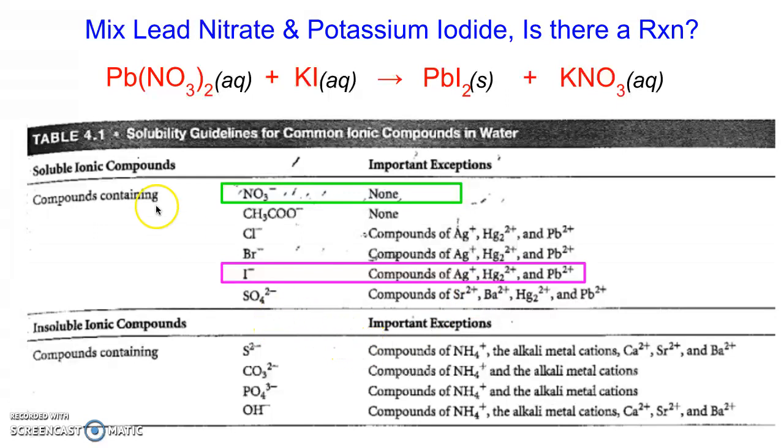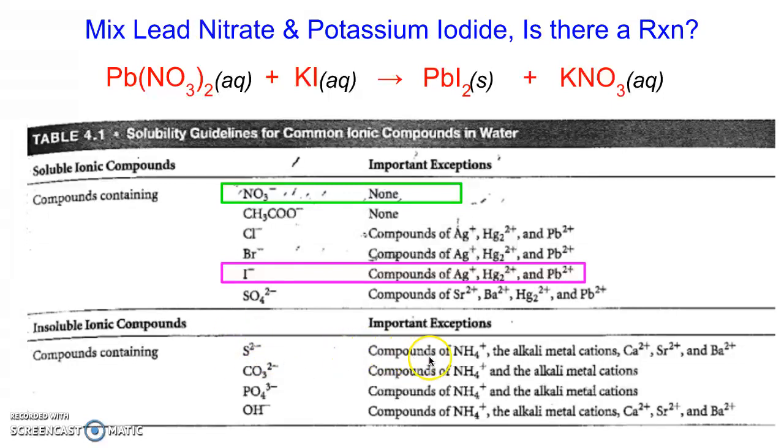One final note, we only use the soluble ionic compound side of this chart, but note that for the insoluble, you sort of do the opposite in thinking, because for compounds like, let's say we had potassium sulfide, I would be thinking that all sulfides are insoluble, not soluble in this case.